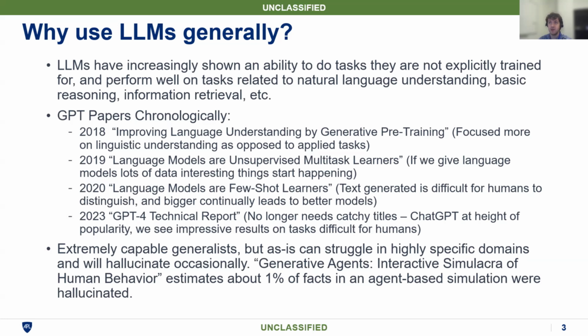The bigger you have, the better it can do. And also just incredibly capable generalists. If you ask it questions that you might find answers to in things like Wikipedia, like what's the capital of Maryland, it's very good at tasks like that. That being said, it will still hallucinate occasionally.